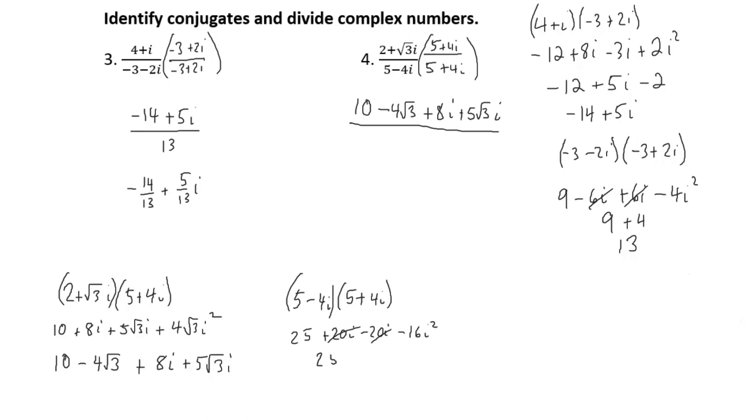Middles cancel. 25 plus 16 gives me 41. So when we write this in a plus bi form, it would be 10 minus 4 radical 3 over 41 plus 8 plus 5 radical 3 over 41i.